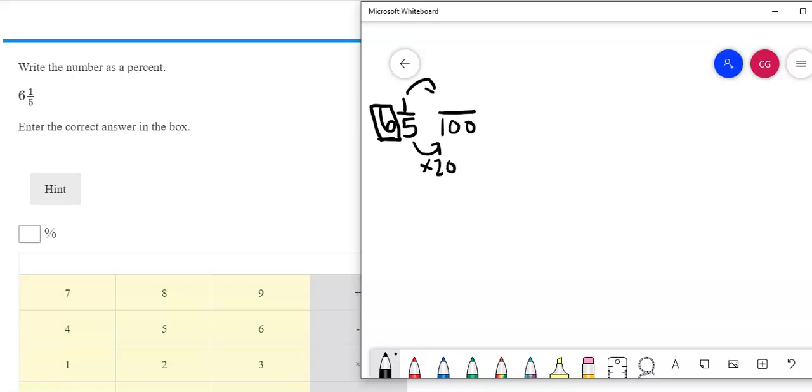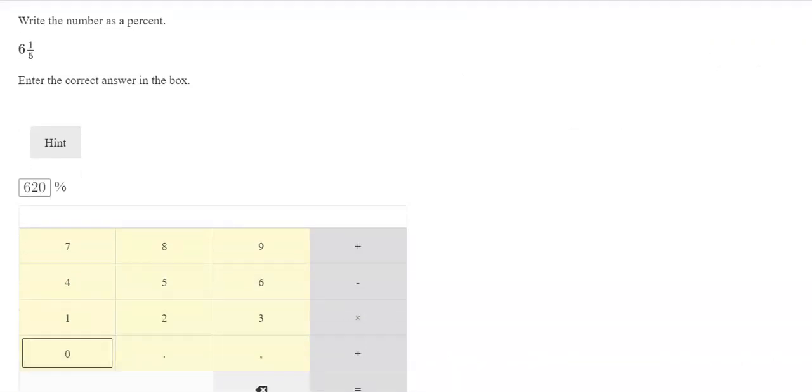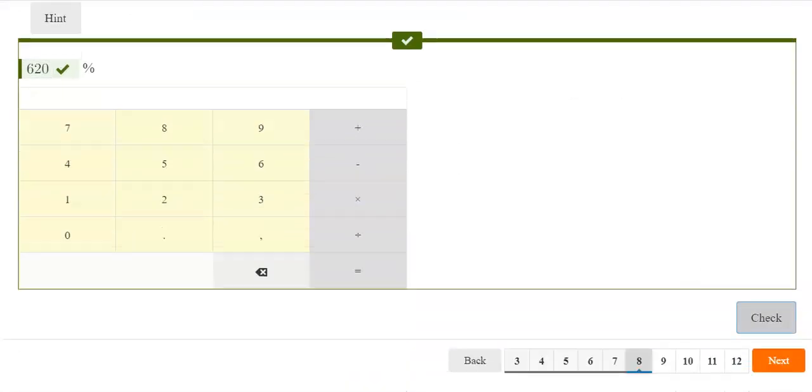If I multiply by 20 on the bottom, I have to do that on top. So 1 times 20 is 20. So I have 20%, but I need to remember that 6, which is going to go in front of that 20. So you get 620%. You could have also divided it. When you would have done that, you would have got a 0.2, and you just move your decimal. It does not matter which way you do it, whichever way works best for you.